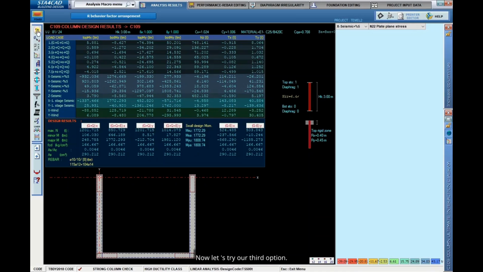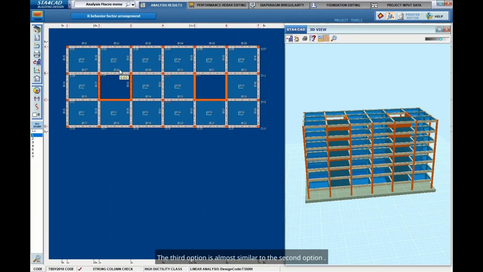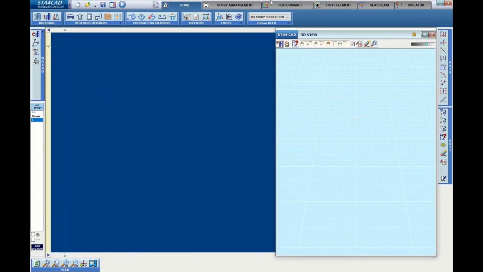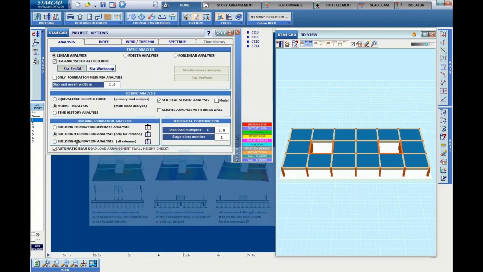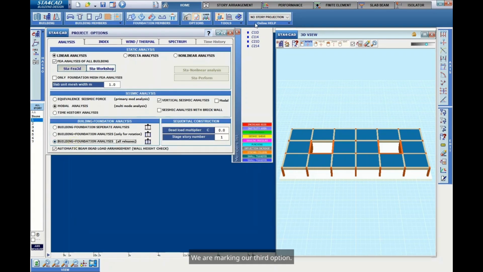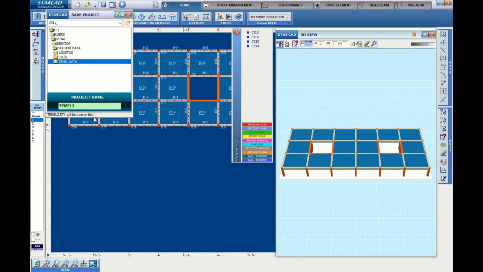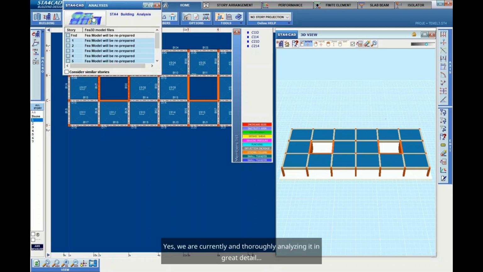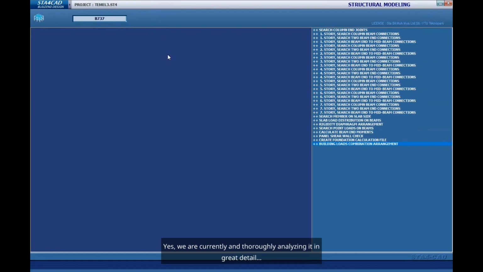Now let's try our third option. The third option is almost similar to the second option. We are marking our third option. We recorded it. Yes, we are currently analyzing it in great detail.